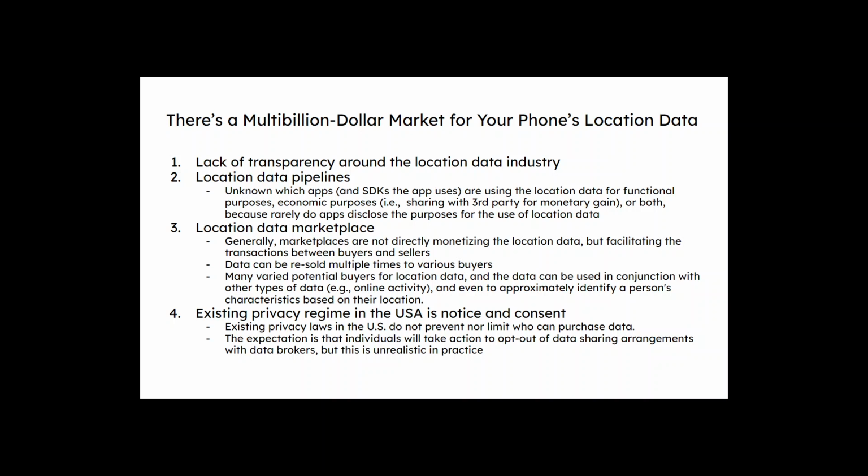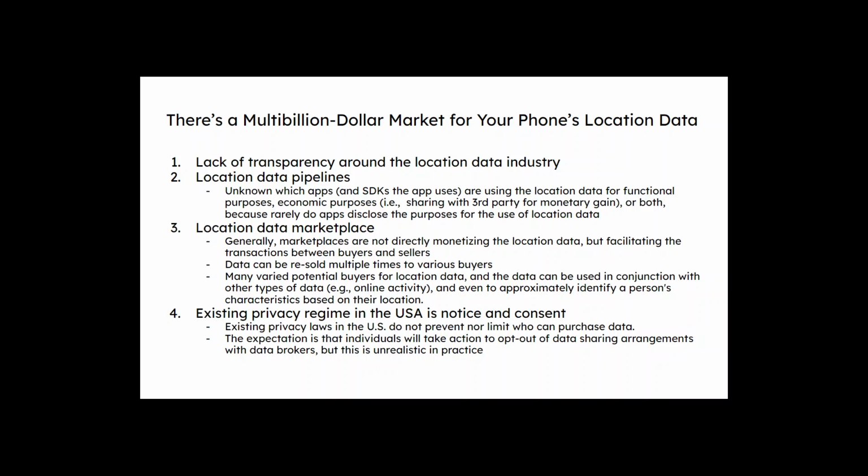So it's not just the location data itself, but also what it can be used in conjunction with to better ascertain a person's identity or characteristics. It's not just about the sale of the location data, but also how it gets used by multiple different types of buyers, and in conjunction with what other types of data.